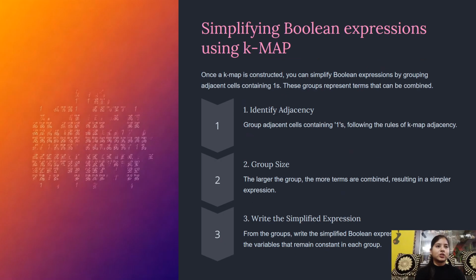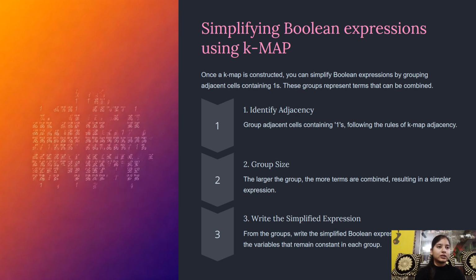Simplifying Boolean expression using K-map. Once a K-map is constructed, you can simplify Boolean expressions by grouping adjacent cells containing ones. These groups represent terms that can be combined. First one is identify adjacency.